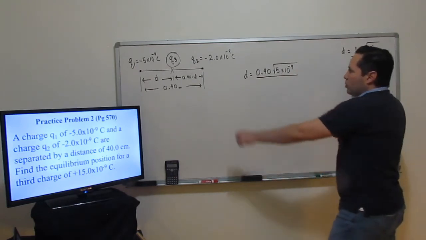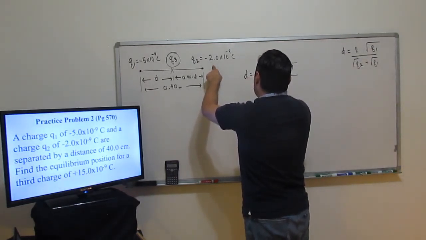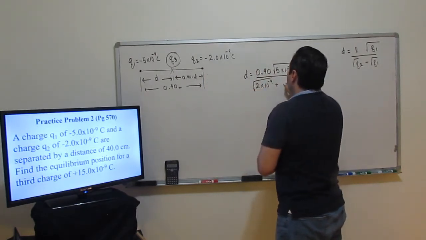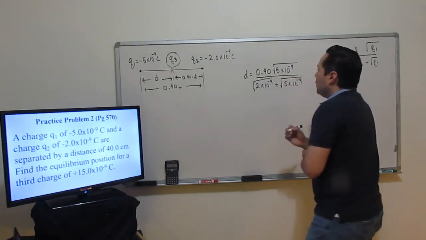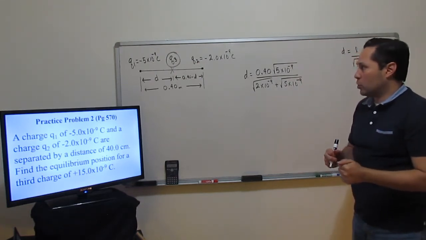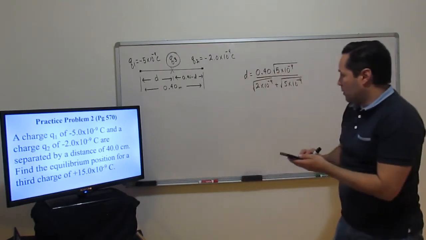On the denominator, Q2 is 2 times 10 to the negative 9, square root that, and plus square root of Q1, which is 5 times 10 to the negative 9. Alright, so that's how you would modify this problem for practice problem number 2.